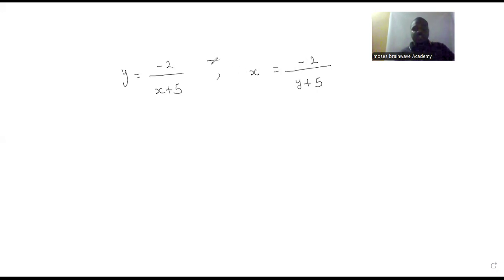I have done the switching, right? I have switched this particular guy over here. So I can now cross multiply. I have x into y plus 5 is equal to minus 2.